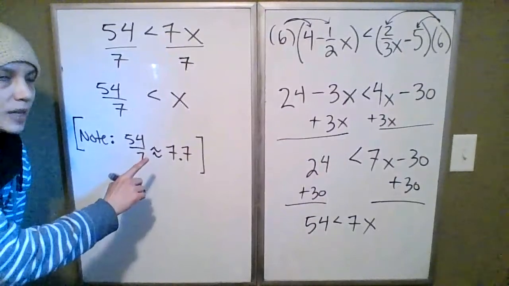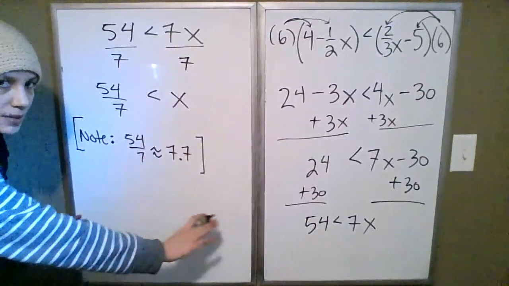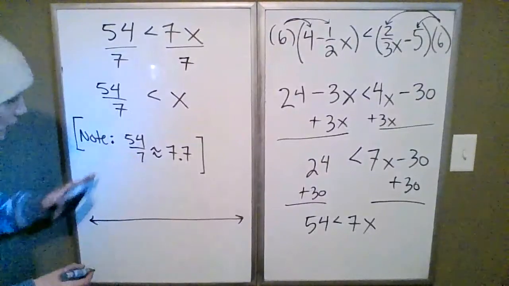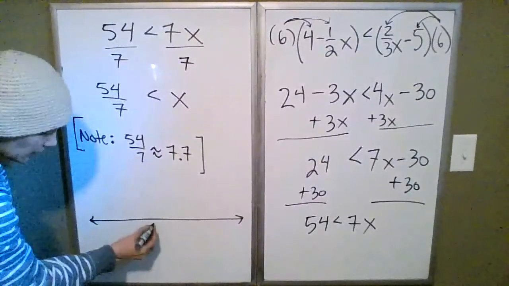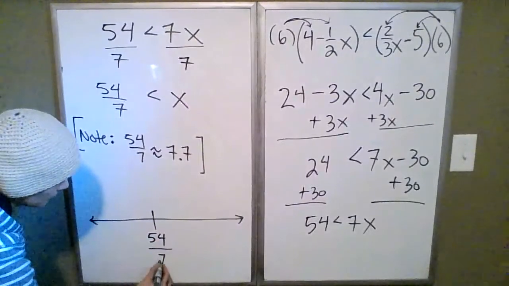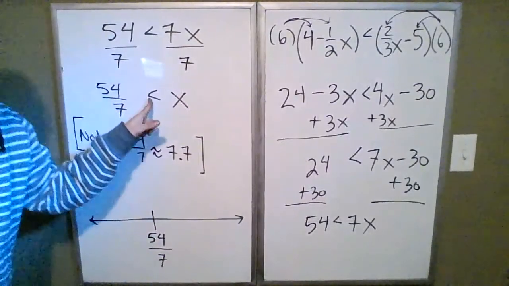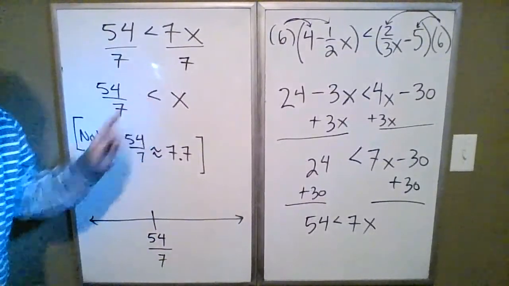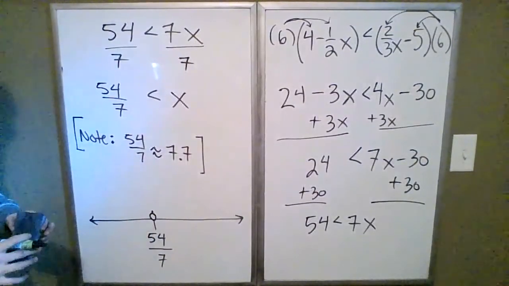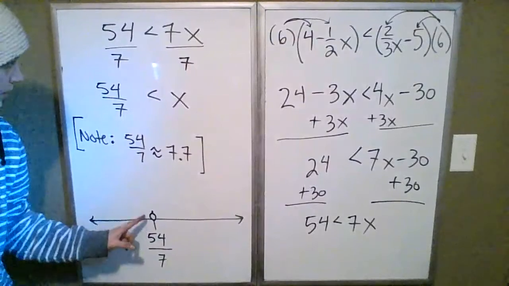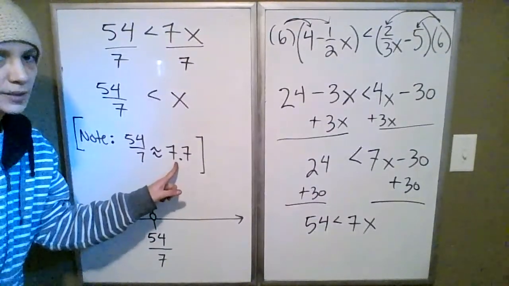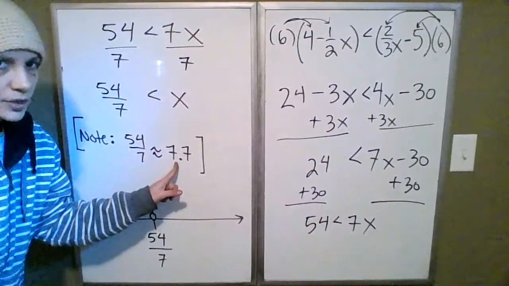I'm just going to be using this to help me draw the graph. So we're going to start with the number line over x. 54 over 7 on the map. And check out our symbol. It's strict, so there's an open circle. And then I want to test just a number greater than this value. Like, let's go with 20.